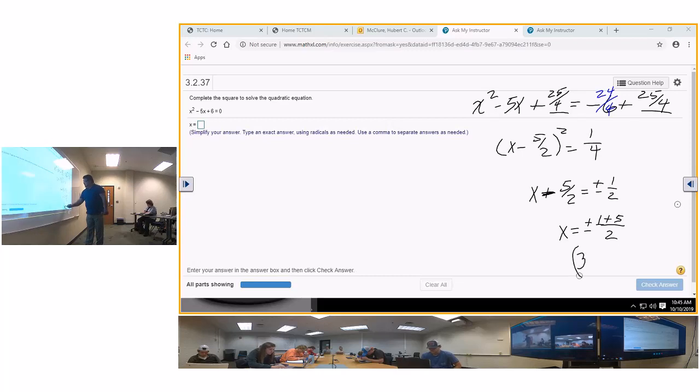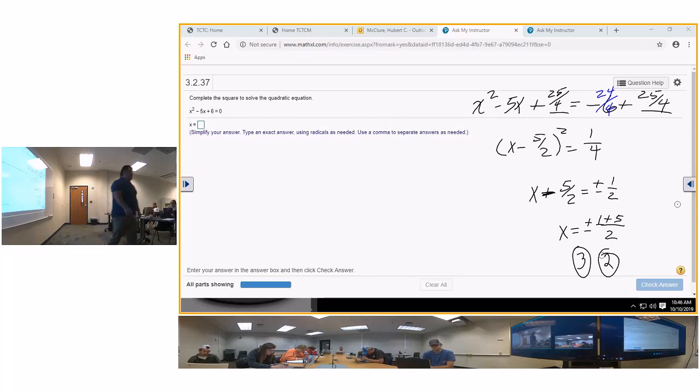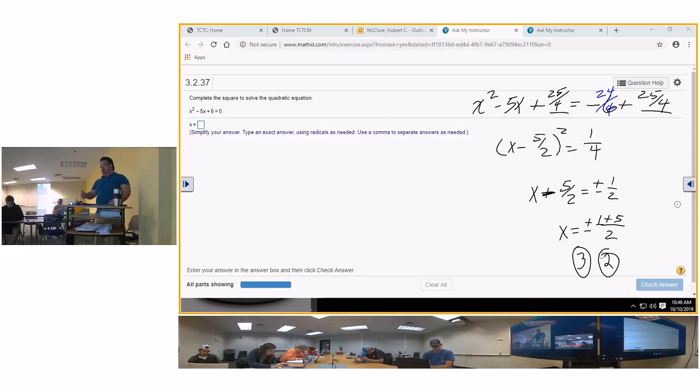And what's -1 plus 5? 4, that'll be a 2. So it looks like there's your two x-intercepts. And you maybe start seeing that you can skip two or three steps, and you could actually do these a whole lot easier than any other method. And you're still using, except for the shortcut, 7th grade math and below.